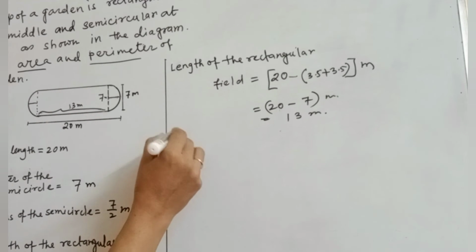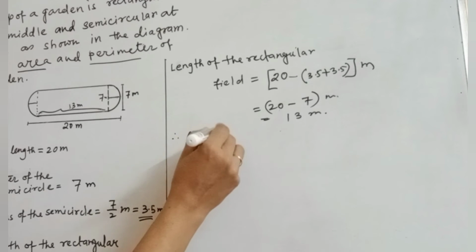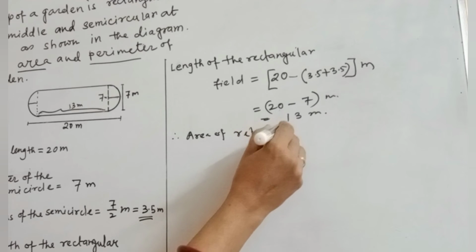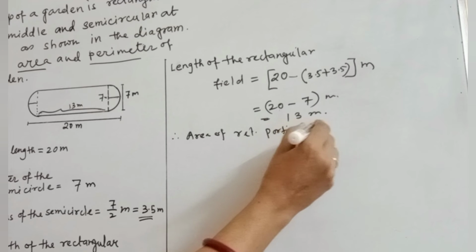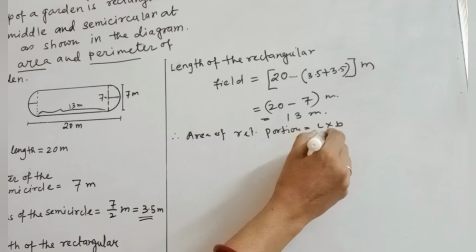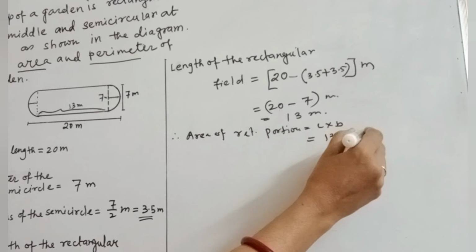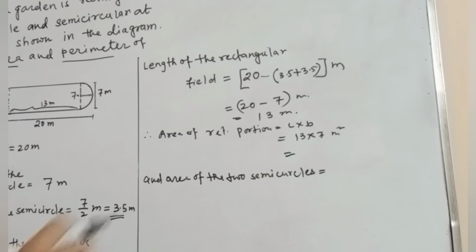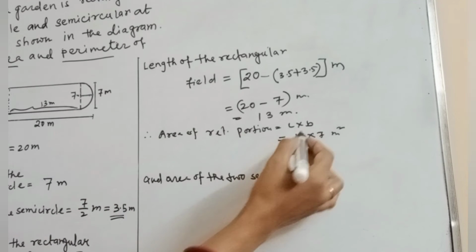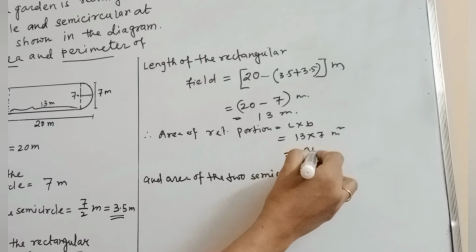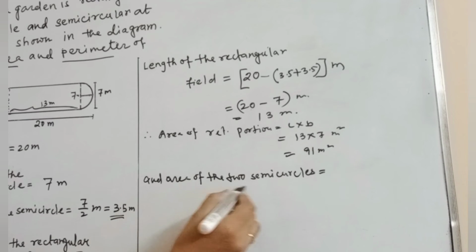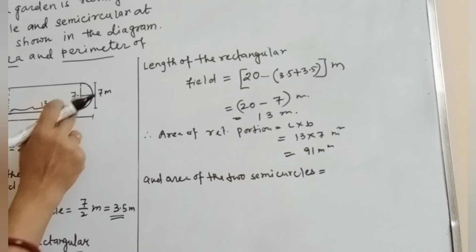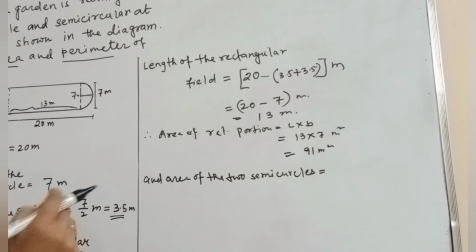Therefore, area of the rectangular portion is length into breadth, that is 13 into 7 meter square, which is 91 meter square. And the area of the two semicircles: you can see two semicircles are at the two ends of the rectangular portion, and you know the radius is 3.5 or 7 by 2.